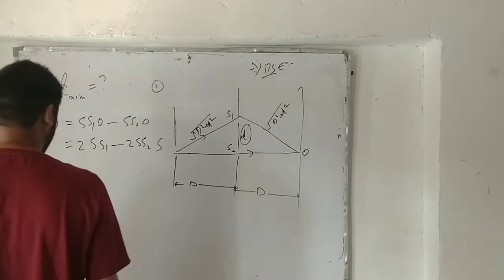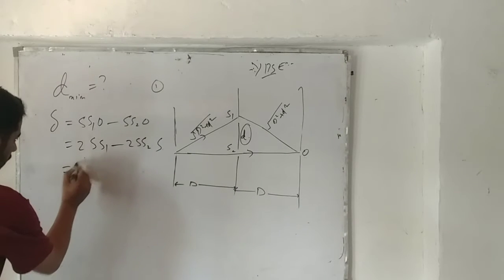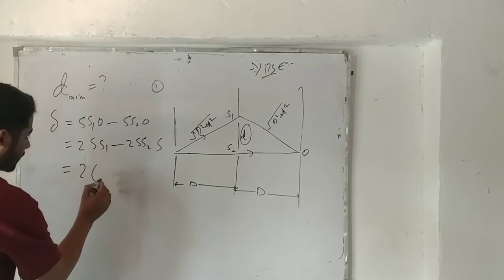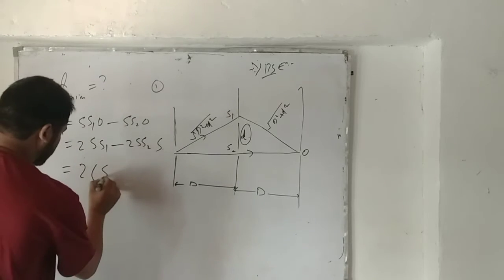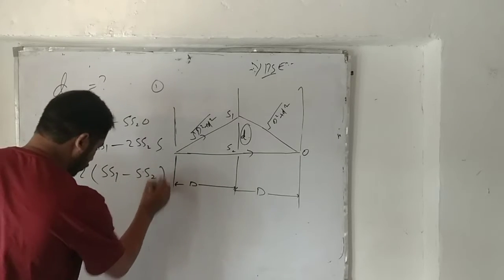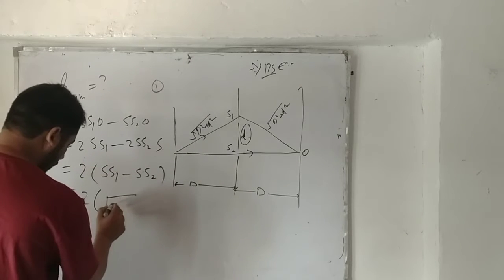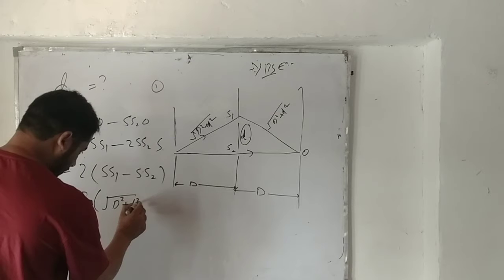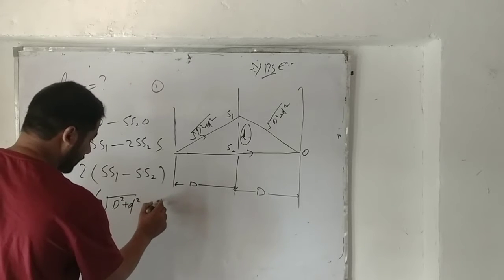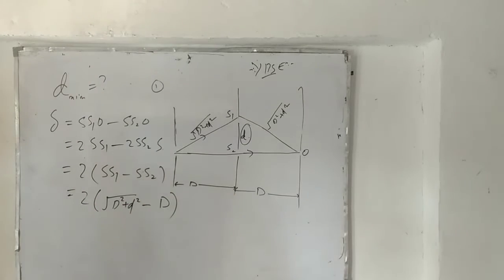Proceeding here, 2 times (SS1 minus SS2) gives 2 times the square root of D squared plus d squared, minus d.